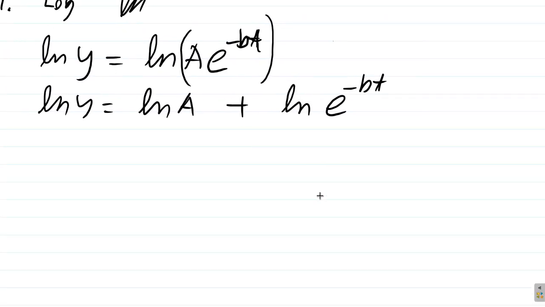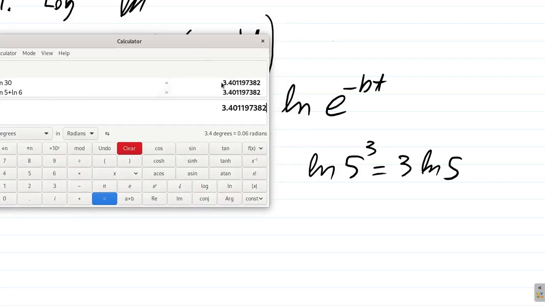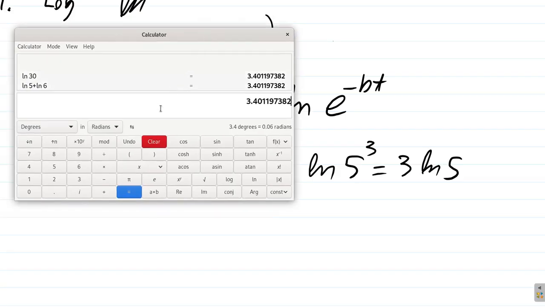Remember, when you find the log of a number to a power, it's the same as the power times the log of the number. Suppose, for example, you find ln 5 to the power of 3. Then it should be 3 times ln 5. Let's see if it would work out. 5 to the 3 is 125.